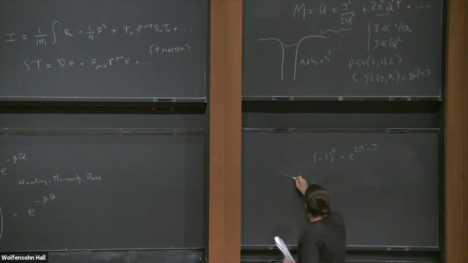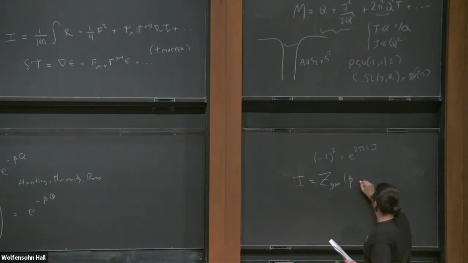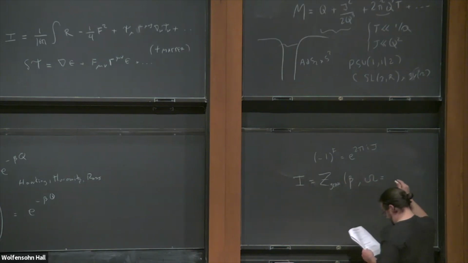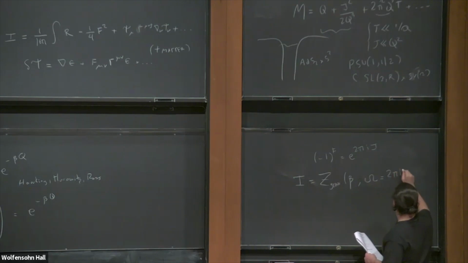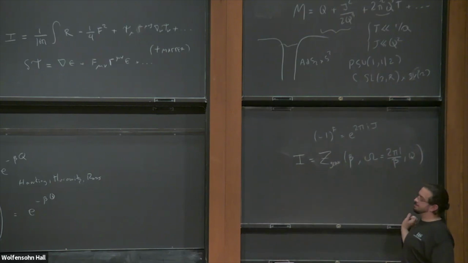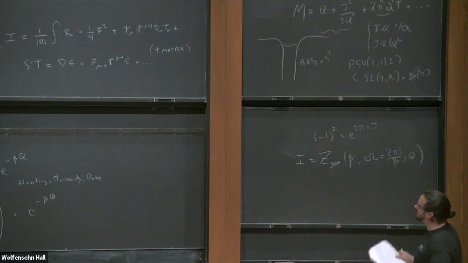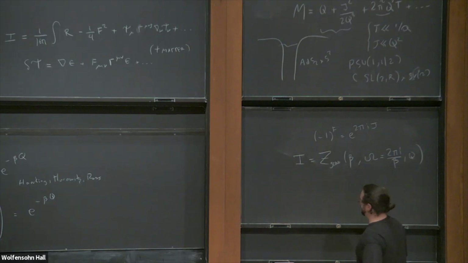So what this predicts is that the index would be the gravitational path integral with inverse temperature beta and some omega given by 2 pi i. And this calculation we can do at finite temperature, so it's not going to have the problem of the horizon going back to infinity. And we can show that it's also supersymmetric and gives an answer that is consistent with the properties we expect an index to have.